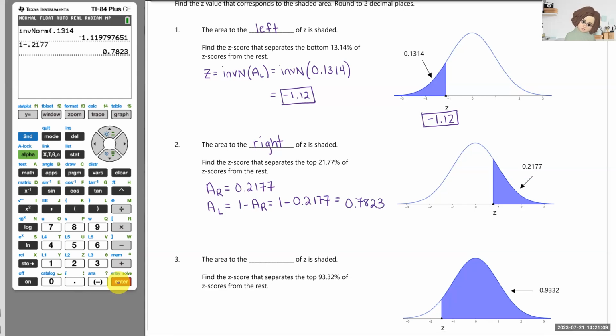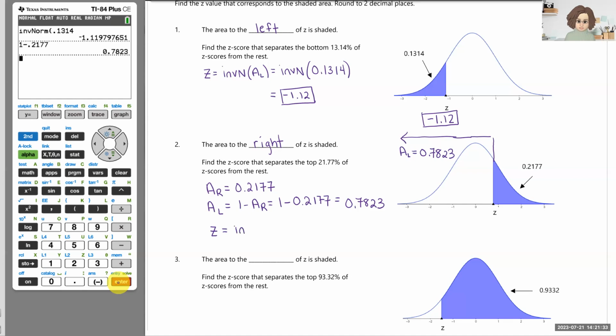I'm going to indicate that on the graph here. All of that unshaded area is the area to the left of the unknown z-score, 0.7823. Now you can find the z-score.